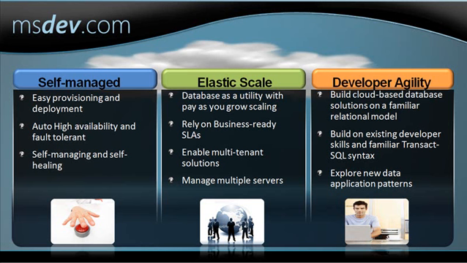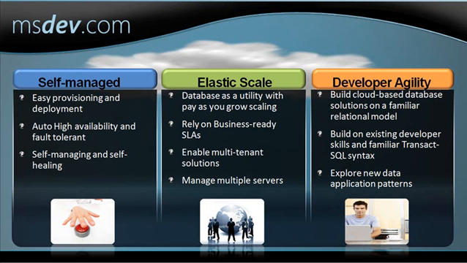Being self-managed means that it's very easy to provision and deploy because all the infrastructure is already in place for us. If I need a new database, then whatever I need on the back end to create that new database already exists. We also get features such as high availability and fault tolerance out of the box. Again, we do not need to manage that.